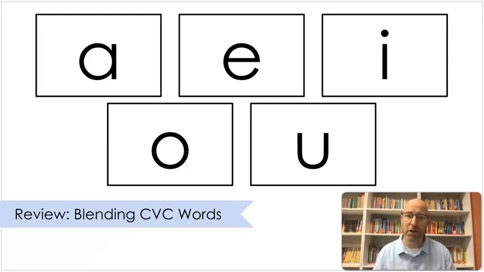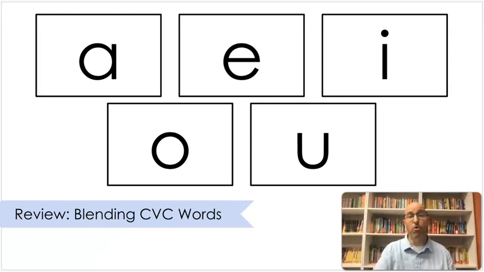So I want you to be able to read those. Of course, we know our vowels, A, E, I, O, U, and in CVC, they always make the short vowel sounds. Do you remember what those are? So let's practice blending some CVC words, and then we'll get into our lesson, okay?